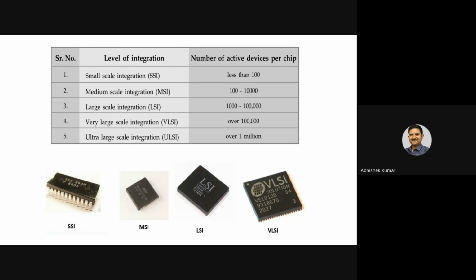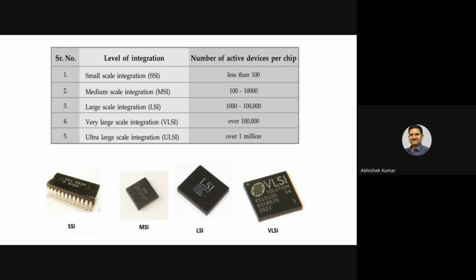Now there is an evolution of VLSI, which I am showing, derived from the number of active devices, basically the number of transistors. If fewer than 100, it is small scale integration, then medium scale integration, then large scale. The most standard way of talking about VLSI is around 1 lakh active components in one IC; that defines the VLSI classification.